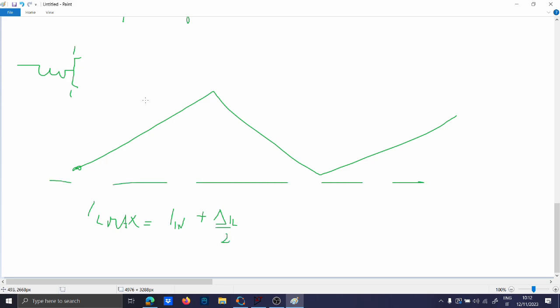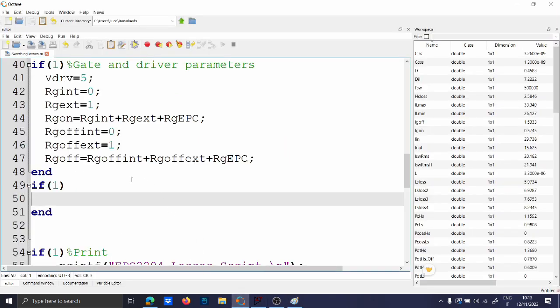This is the ripple, and this is basically the offset current. The ripple delta IL is given by V in over L times D over F switch. So these are just equations which you can find on the web. I will just report it here.